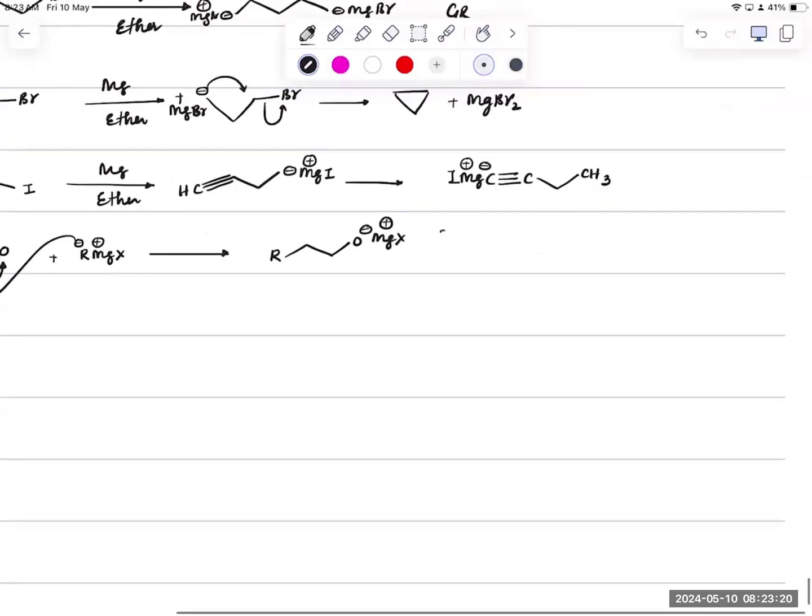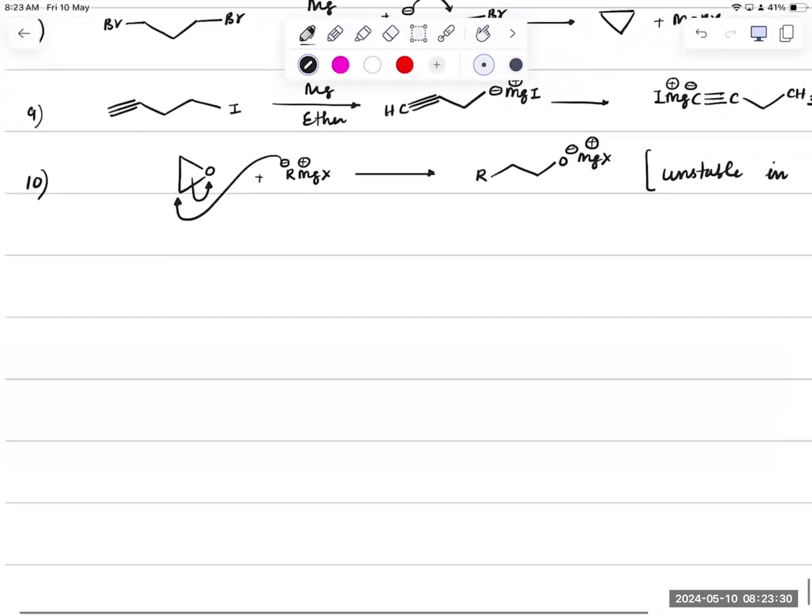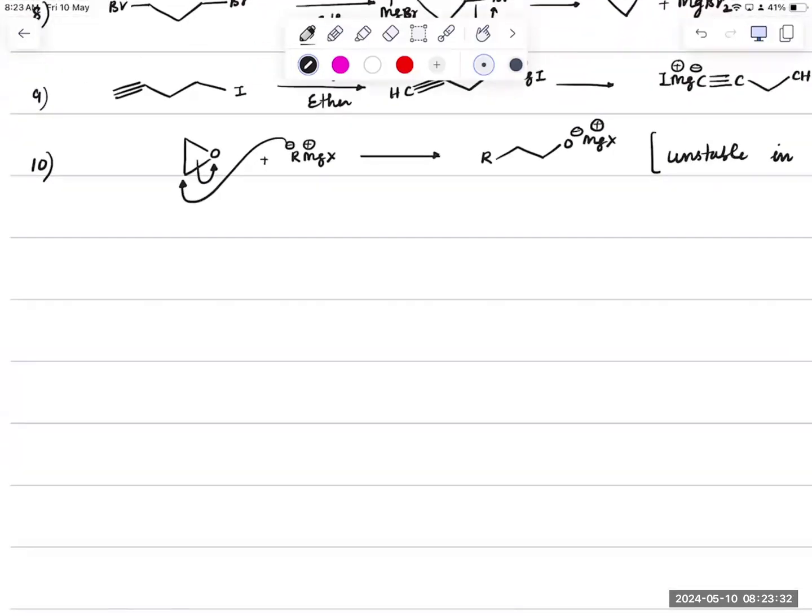So therefore we can say it is unstable in oxirane. So three-membered cyclic ether, it is unstable. But if you have four-membered or five-membered, then it is definitely stable. Okay. Four-membered also it is unstable, but five-membered ring it is stable.